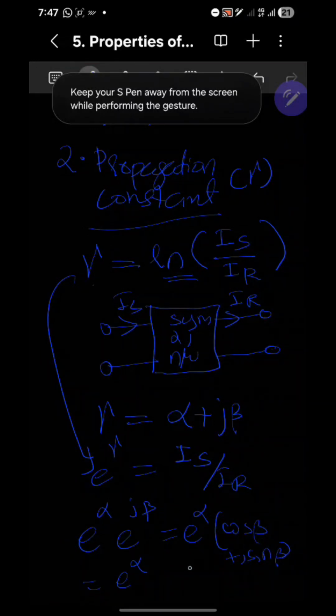So if you are representing like this, the magnitude will be the square root of these two terms. Square root of cos square beta plus sin square beta will be 1. Then angle, we can represent the angle. So angle will be tan inverse of sin beta divided by cos beta.